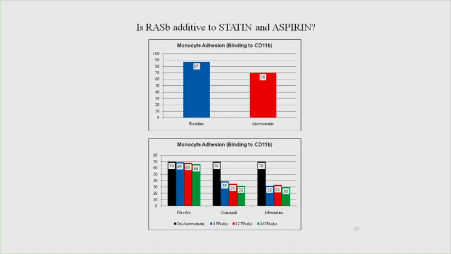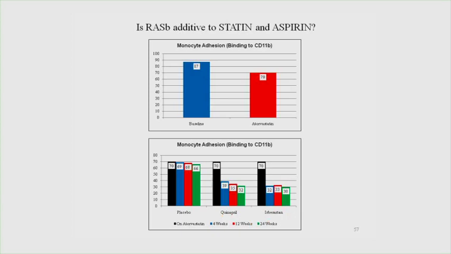Now, if we look at monocyte adhesion, and we don't want to see that, that was lowered with atorvastatin. Well, that's okay. We know that atorvastatin blunts Th1 and Th17. So now we've got all these people on atorvastatin, Lipitor, and then we treat them with placebo, and we see no further effect on monocyte adhesion. But if we treat them with either quinapril or irbesartan, there's a synergy.